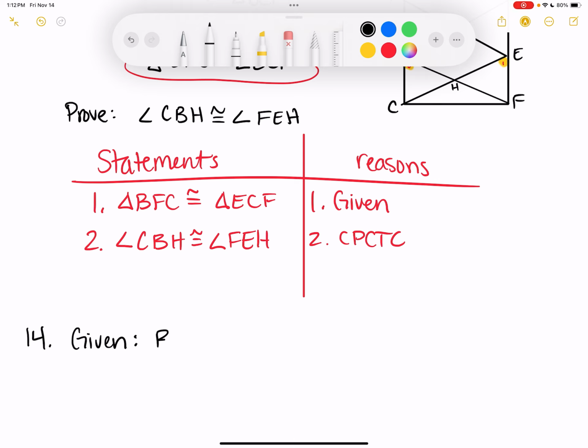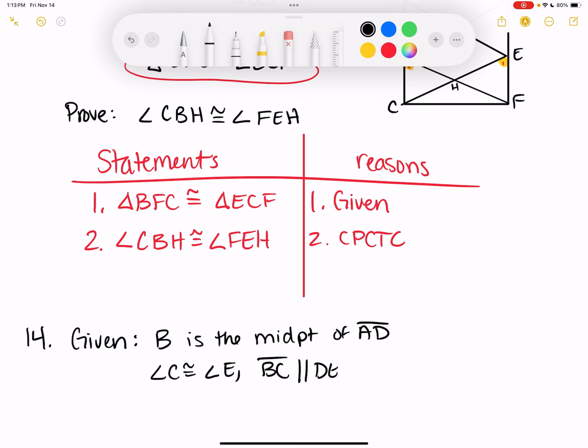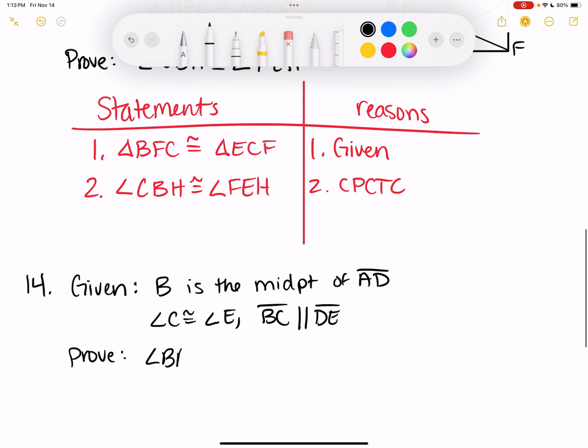14. Given B is the midpoint of AD, angle C is congruent to angle E, and BC is parallel to DE. Prove that angle BAC is congruent to angle DBE.